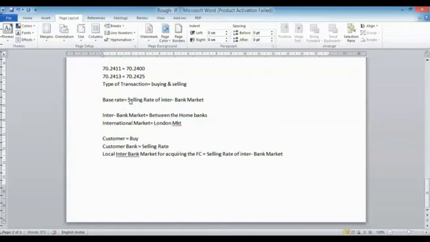So what is the base rate? There is one more aspect. One is our bank, and the other banks are known as the big bank. What do we mean by big bank? A big bank means the bank that has a surplus holding of a foreign currency and wishes to sell those foreign currencies.